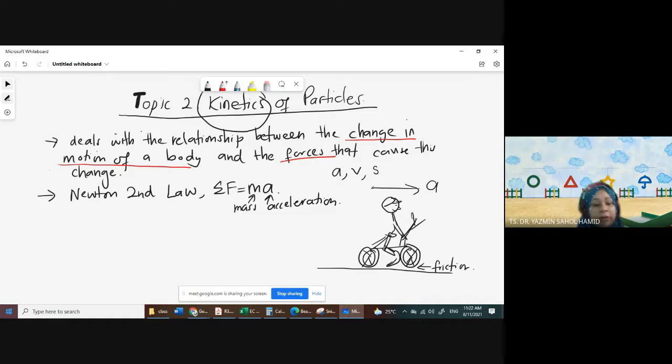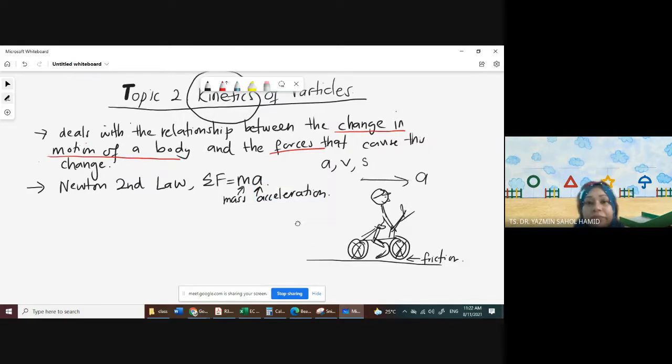Okay, all right, good. So let's start to do this. Basically for the topic kinetics of particles, we will use Newton's second law. Because why Newton's second law? We will define mass with weight. And basically what we will do is analyze the acceleration of motion of the particle using different types of coordinate systems. Later we will go through the different types of coordinate systems.